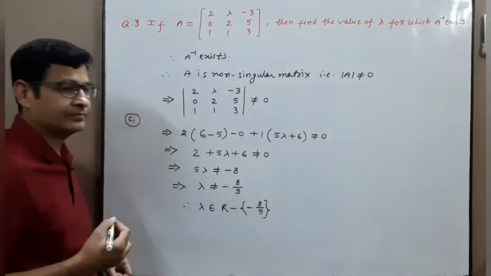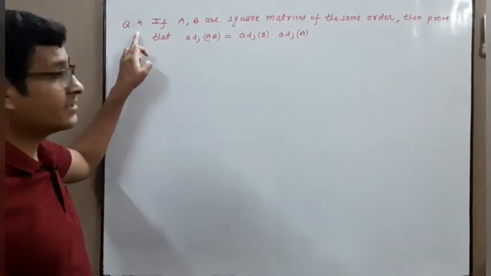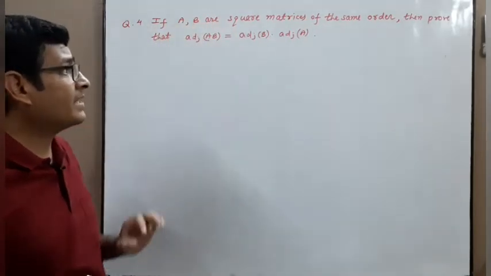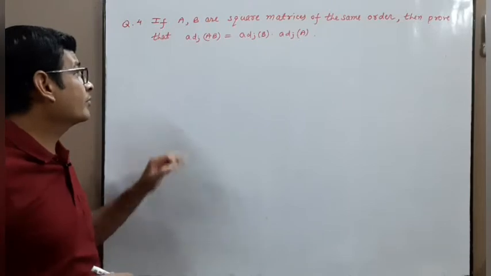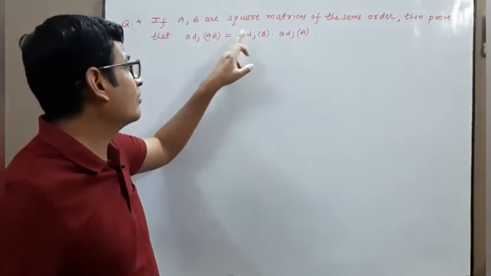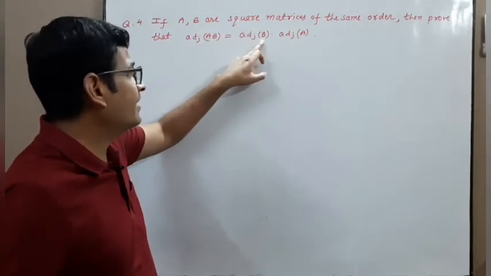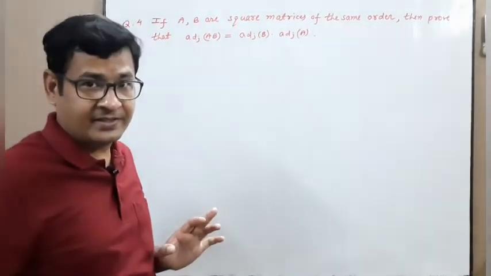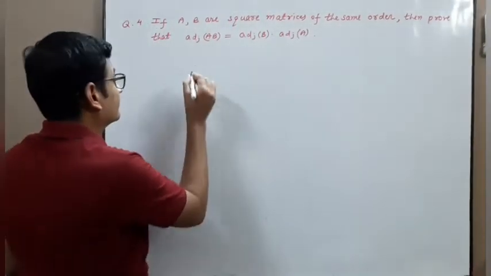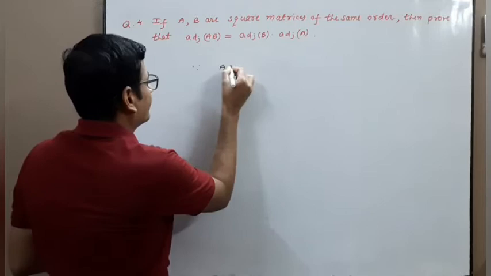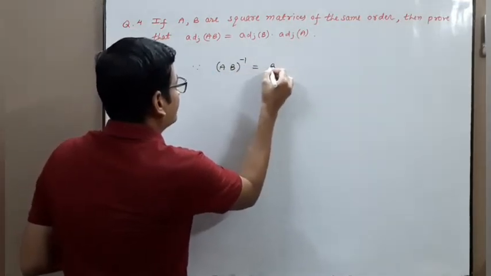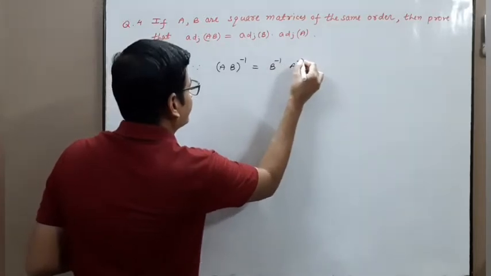Next problem. This is a very important result. If A and B are square matrices of the same order, then prove that adjoint of product of two matrices is equal to adjoint B, second matrix first, into adjoint of matrix A. अब इसकी स्टडिंग कहाँ से करेंगे? We know one of the results, since AB inverse is equal to B inverse into A inverse.